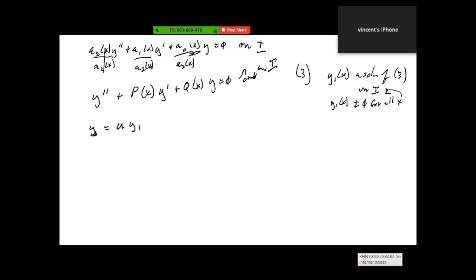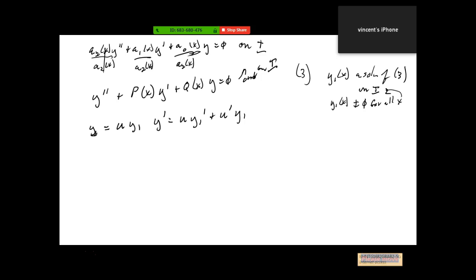And we'll do just like we did before, that y prime would then be, by the product rule, u times y1 prime plus u prime times y1. Product rule, right? Following?